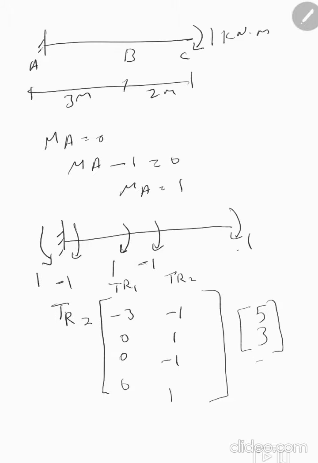Now to find the value of forces, we multiply the R matrix with the TR matrix, so we get the force: minus 17, 2, minus 2, 2. This is the F matrix, so these are the internal forces.